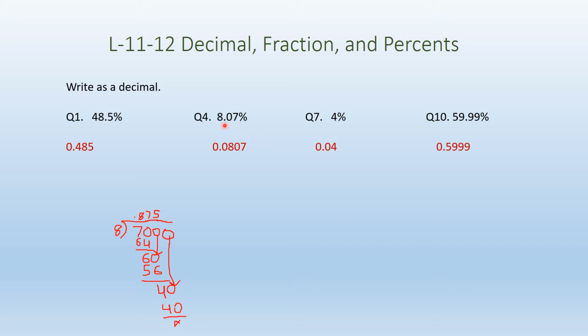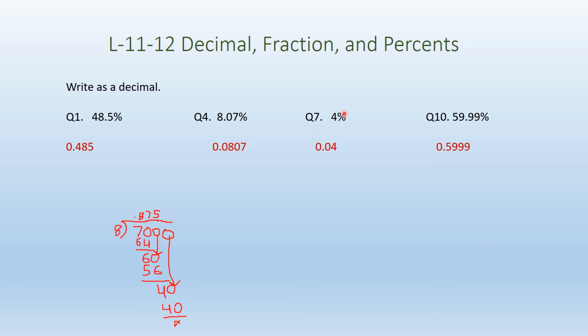In this one, again shift 2 decimal places to the left. Then 8 and 1 more 0. You can see 8 and 0 and the decimal point here. Then what is the answer? 0.0807.